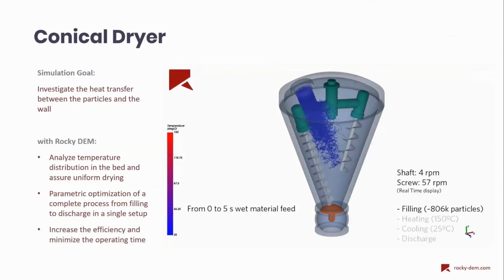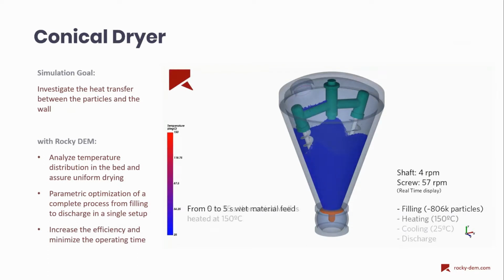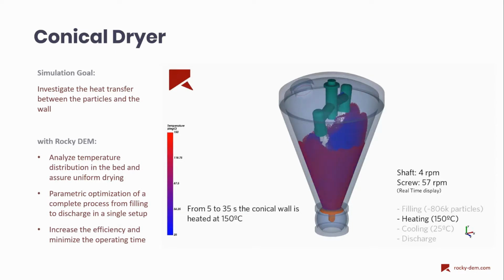Next, I'm going to show an example of a process that involves heat exchange between the particles and equipment walls. Here we have a conical dryer that fills up with particles, and in the next step, these particles gain heat through conductive heat transfer, and then cool down as they are in touch with walls and finally discharge from the process.